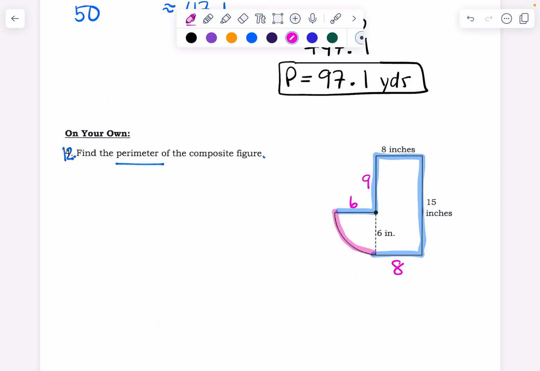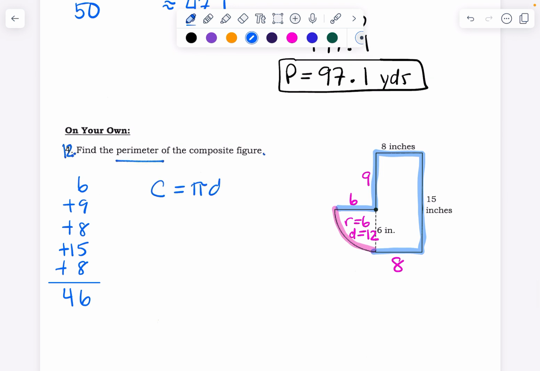So now I'm going to add all the blue pieces together. 6 plus 9 plus 8 plus 15 plus 8. What does that add up to? That adds up to 46 inches. Now, if we know that R is 6, then the diameter would be 12. So we need to roll with the C equals pi d formula.